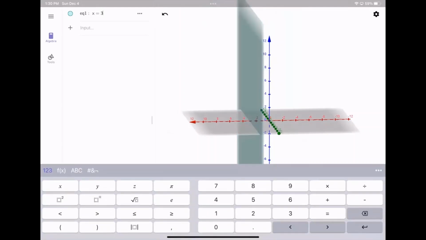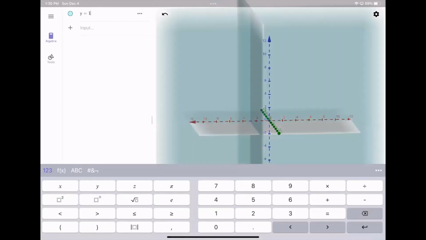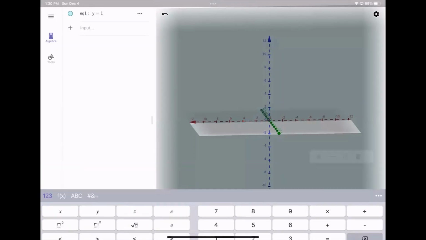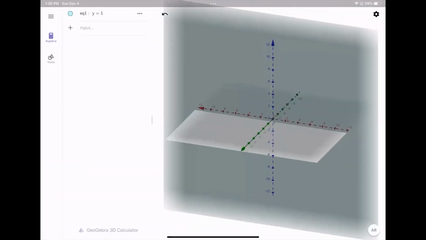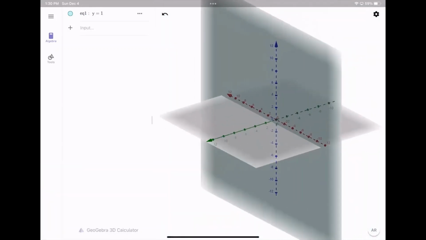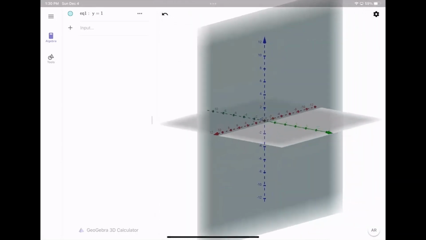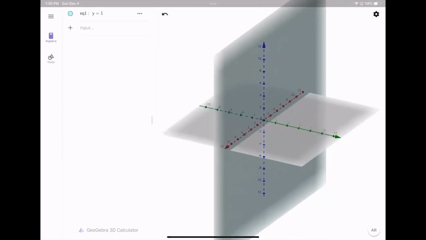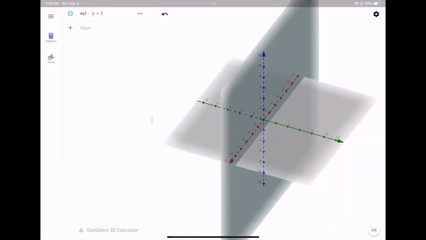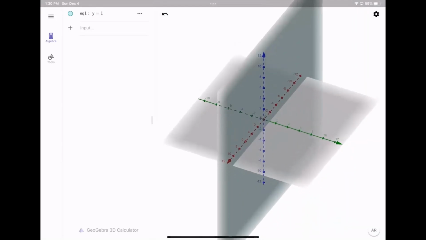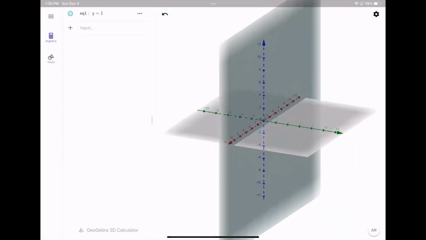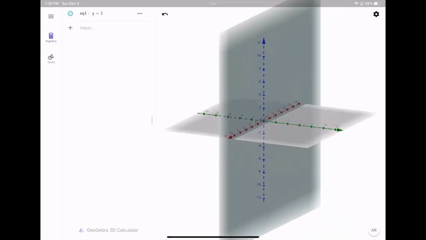The second one we did earlier was y equals 1. That was a line at y equals 1, and if you extend it, it becomes a plane right at y equals 1. It looks something like this. The green is the y-axis, and there you go, you have your y equals 1, and it extends in every direction at y equals 1.